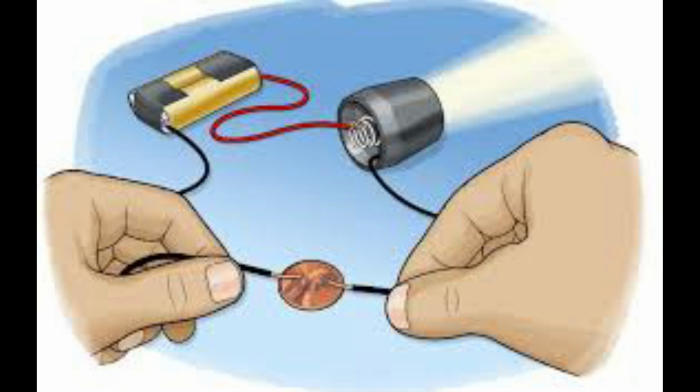Now just switch on. You can see when you test the electric circuit with a metal such as an iron nail or aluminium foil, the bulb will glow. This says that metals are good conductors of electricity. Now let us see with non-metals such as sulfur, a coal piece, and a copper wire.